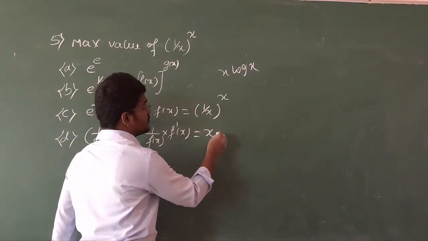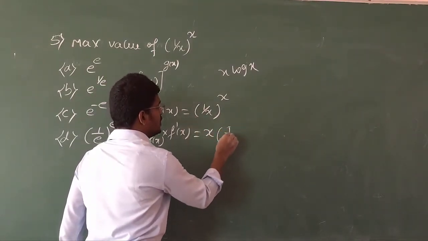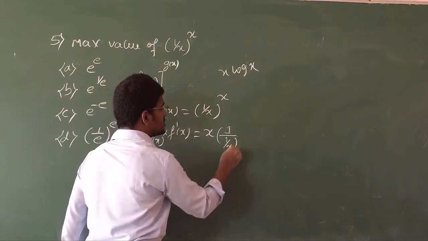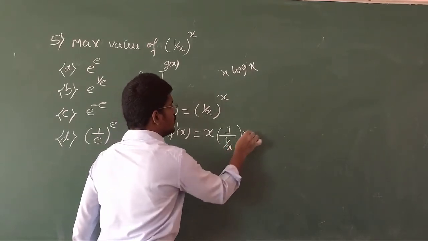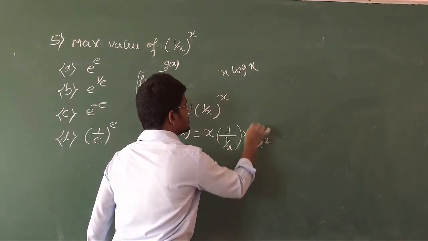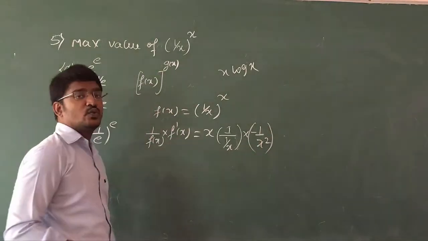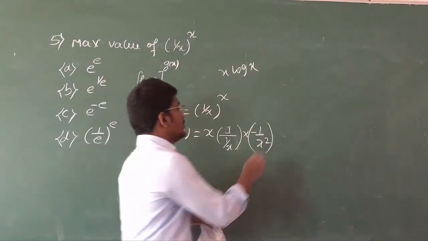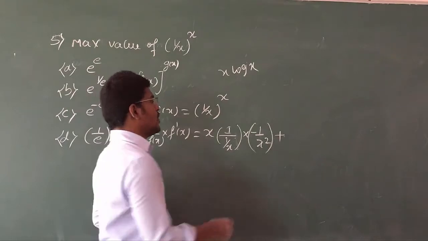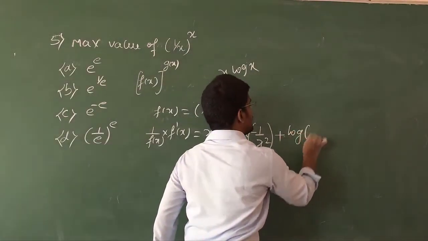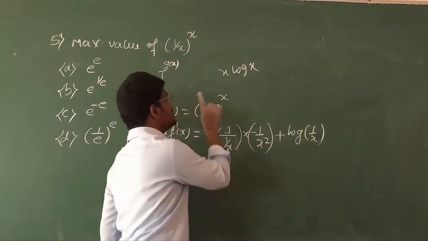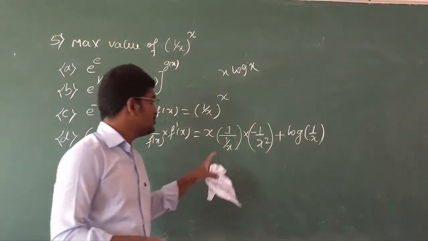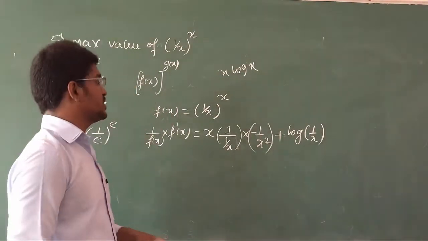Log of 1 by x differentiation will be 1 divided by 1 by x into minus 1 by x square, plus now log of 1 by x you have to write as it is. Differentiation of x will be 1. So I am directly writing the differentiation.